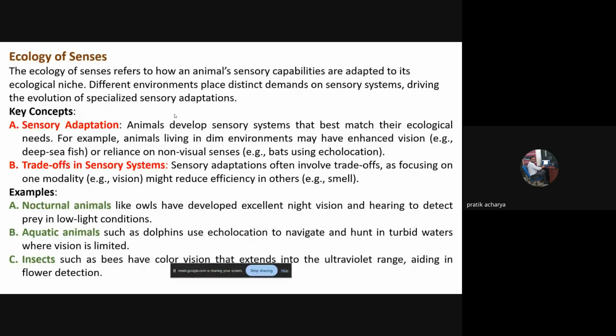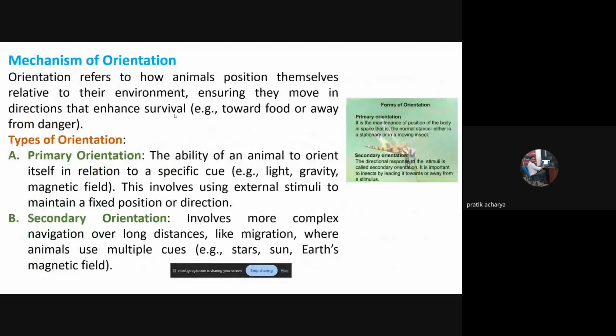So these all are different ecological senses. Sensory adaptation, they develop for their survival. So this is all about the neural system and the role of neural system in animal behavior.